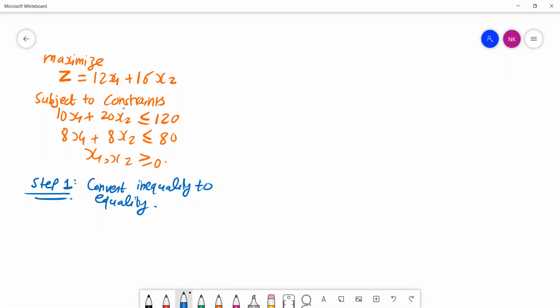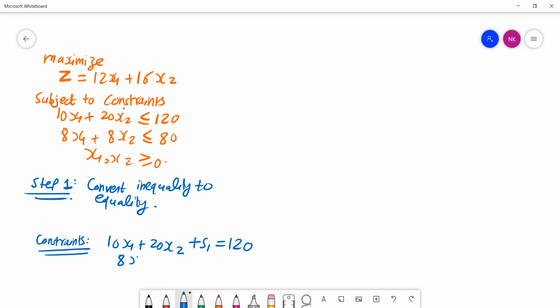So our first constraint, now over here the inequalities are lying in the constraints only. So first of all, I will be writing the constraints. That is 10x1 plus 20x2 plus s1 equals 120.